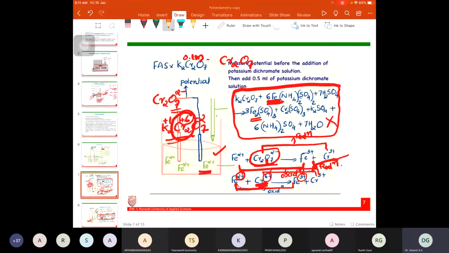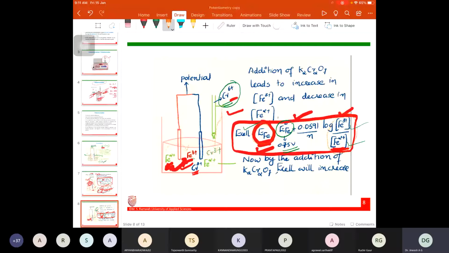So we wrote a Nernst equation, where the potential is generated due to the presence of Fe2+ ions and Fe3+ ions. During the reaction, what happens to the concentration of Fe2+ ions? Fe2+ concentration decreases and Fe3+ concentration increases. That means in the Nernst equation, the numerator increases and the denominator decreases. So the entire potential difference will increase.